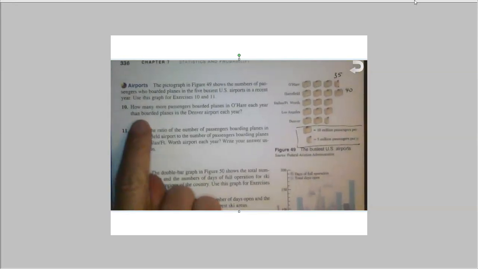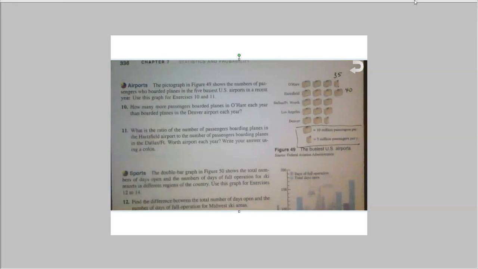All right, so number 10 says, how many more passengers boarded planes in O'Hare each year than boarded planes in the Denver airport each year? So I'm about to compare O'Hare to Denver. I've already added that up. Denver is 10, 20, 25 million. So how many more boarded planes here than here?